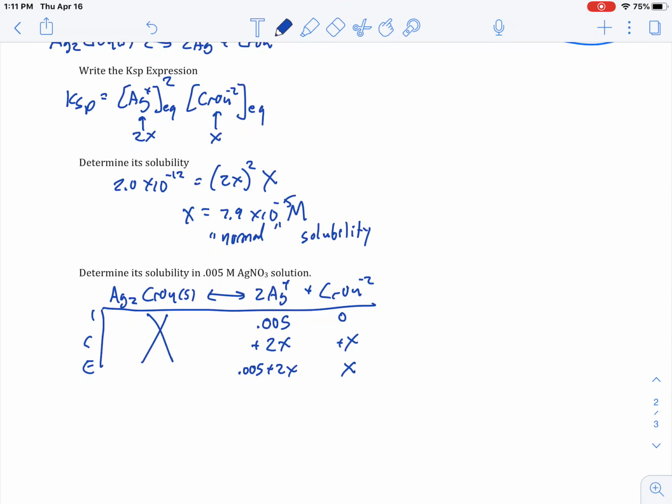So we have our equilibrium row filled out. Let's go ahead and plug it into the KSP expression. Now let's solve for x.